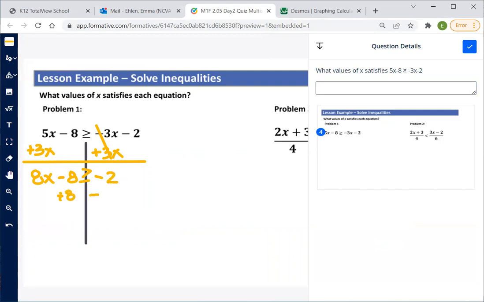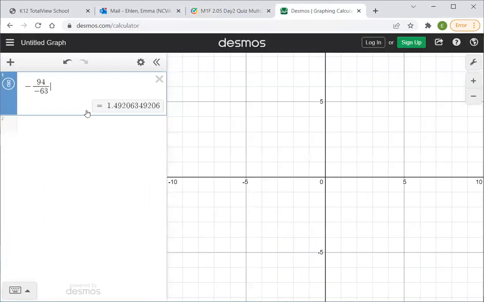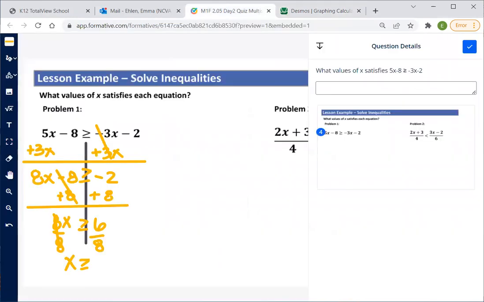Then we need to add the 8 to both sides. So that's 8x is greater than or equal to 6 now. Then divide by 8 on both sides, and x is greater than or equal to 6/8. 6 divided by 8 is 0.75.